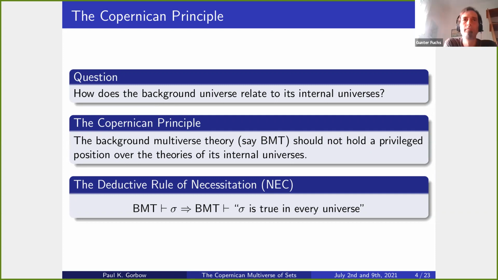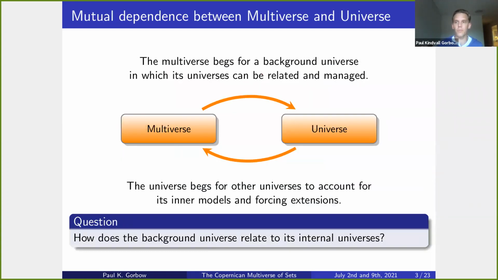I see. Because otherwise the background multiverse would be special, the one that has a multiverse, but not everybody does. So it goes back to this idea that we don't think there is some sort of absolute background.